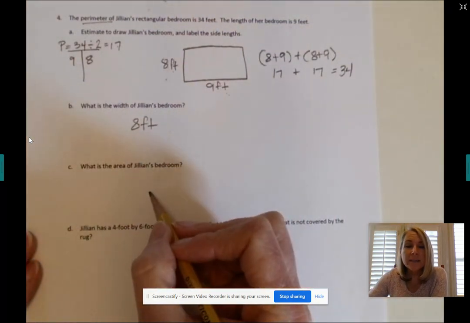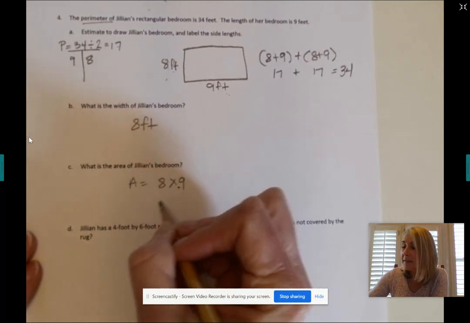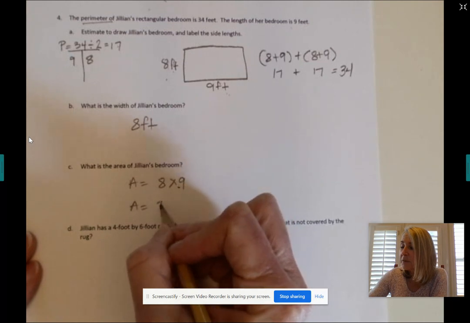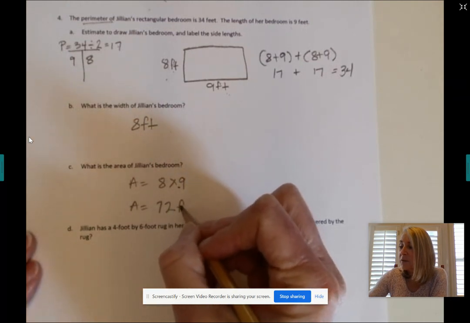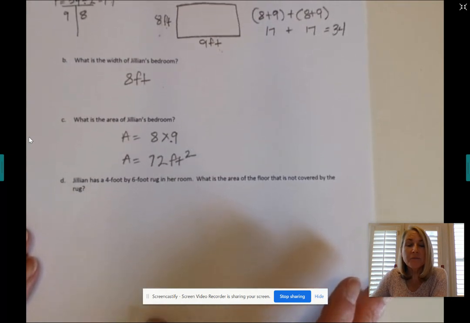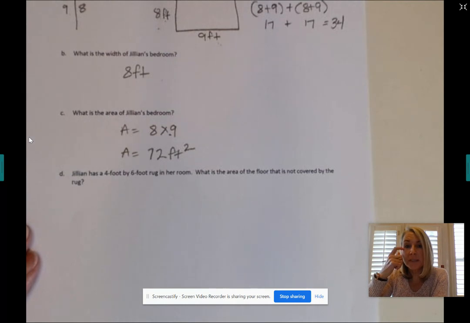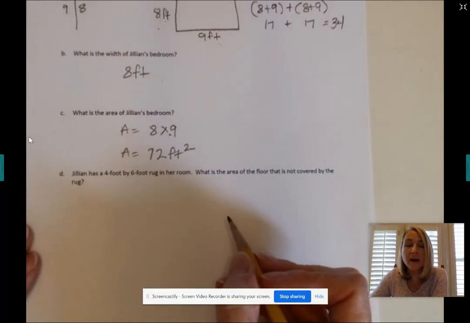All right, what is the area of Jillian's bedroom? So area is length times width, 8 times 9. Area is going to equal 72 square feet. Okay? Jillian has a 4-foot by 6-foot rug in her room. What is the area of the floor that is not covered by the rug?